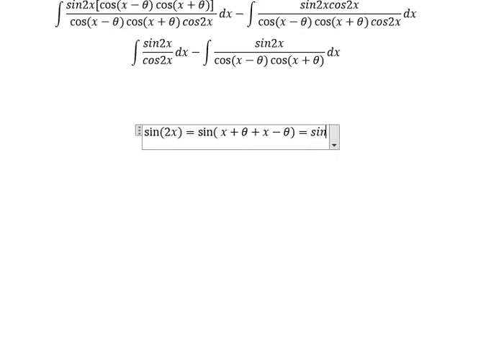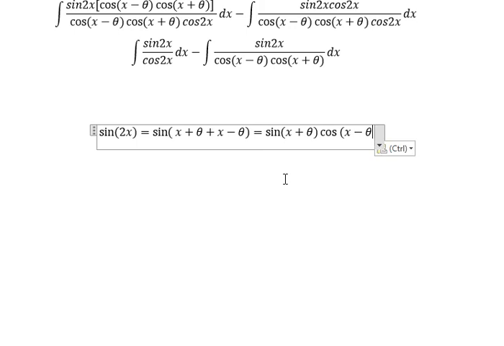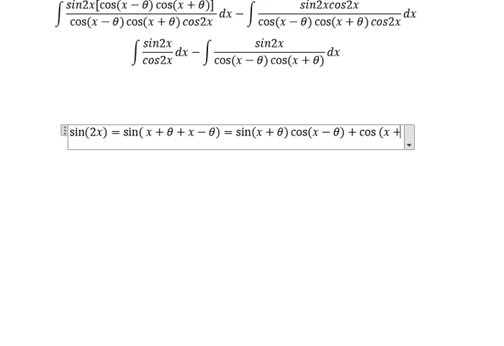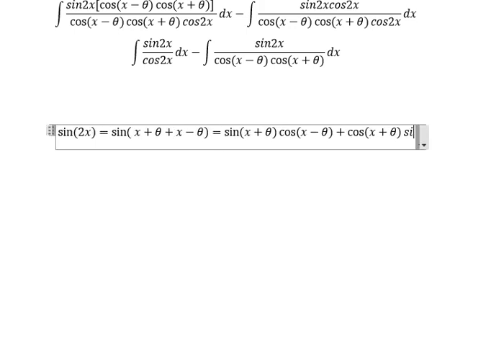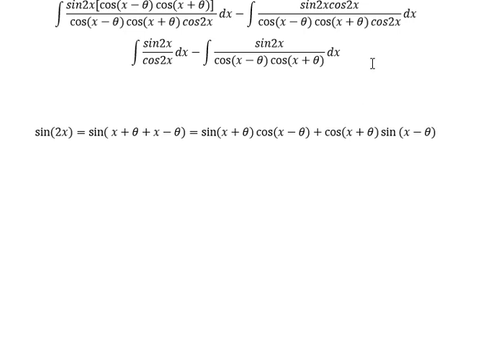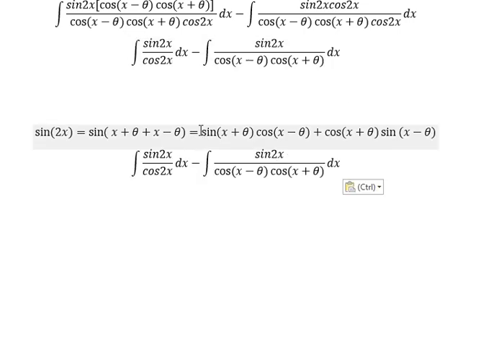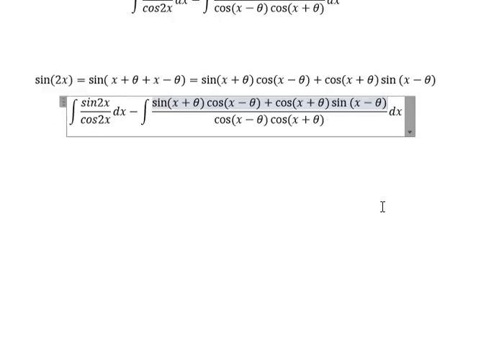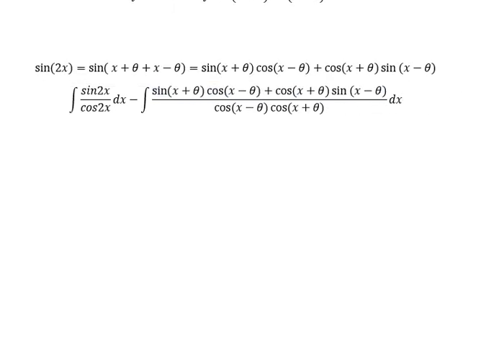You will get sin(S + θ) cos(S − θ) plus cos(S + θ) multiplied with sin(S − θ). So we put this one in here, and now we can get 2 integrals in here.